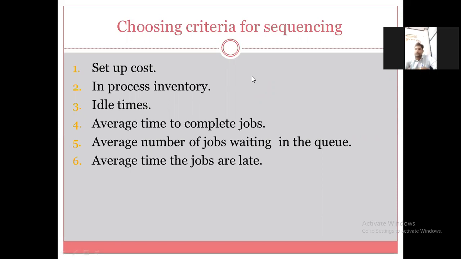Fourth one is average time to complete jobs. Fifth one is average number of jobs waiting in the queue. And the last one is average time the jobs are late.